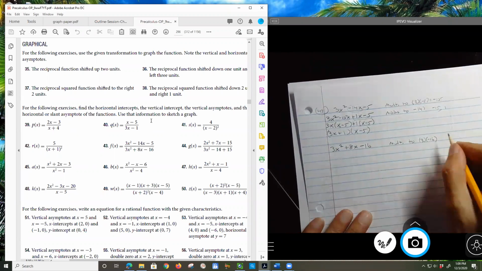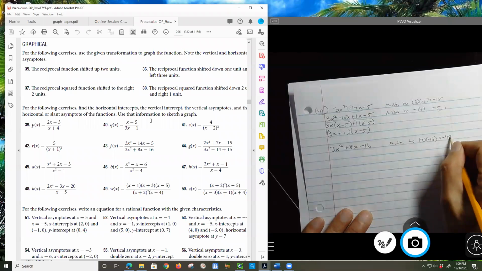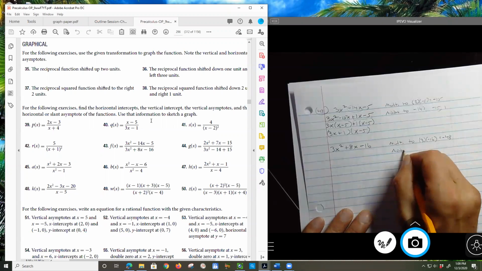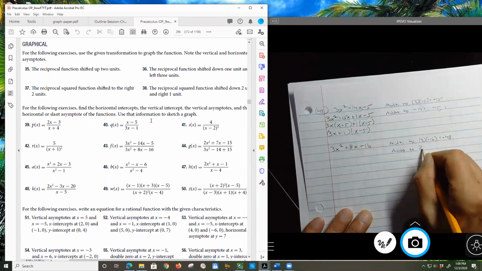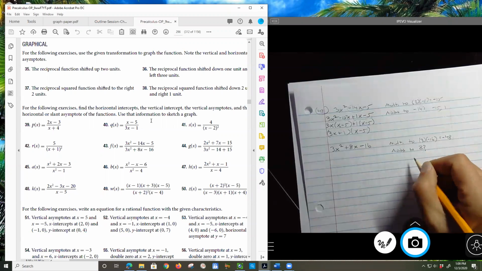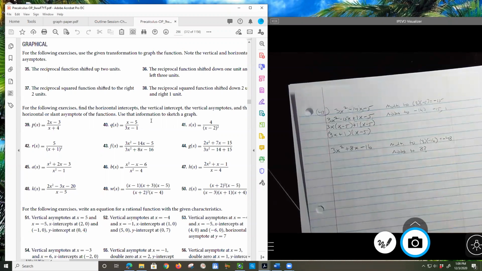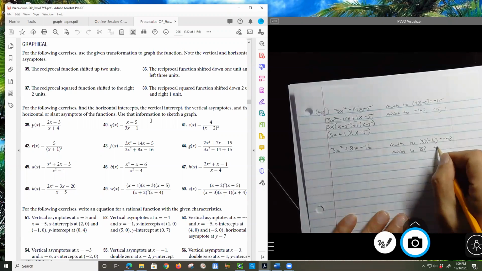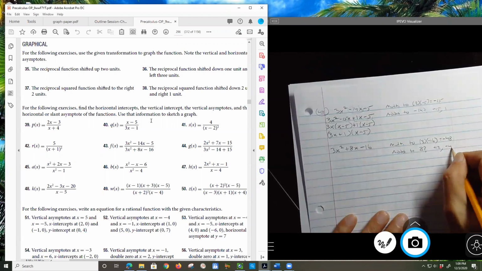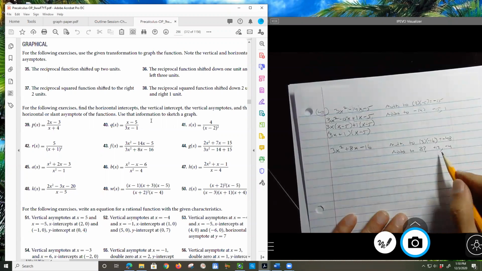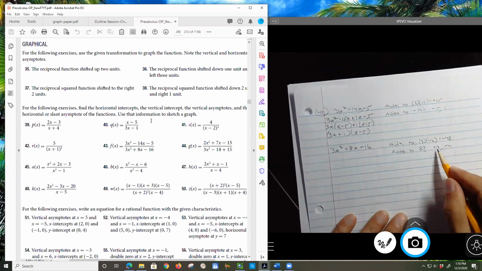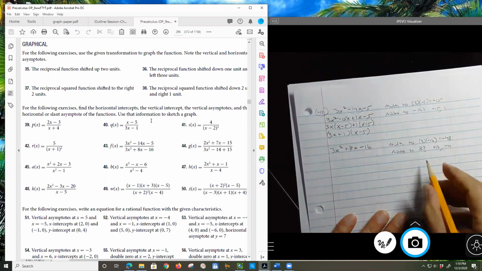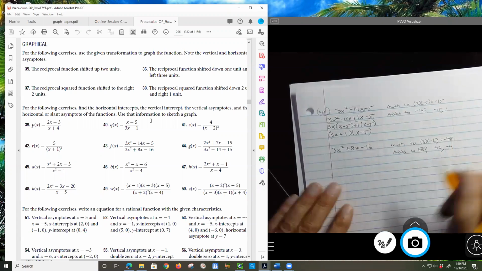Yes, negative 48. But it adds to 8. How about 12 and negative 4? Because that times that is this, and adding those together, it's a positive 8. So here we go.